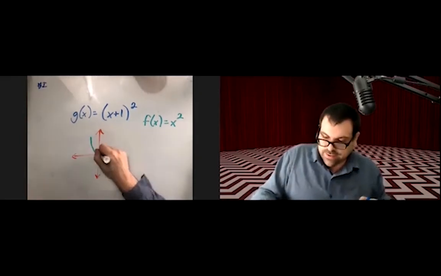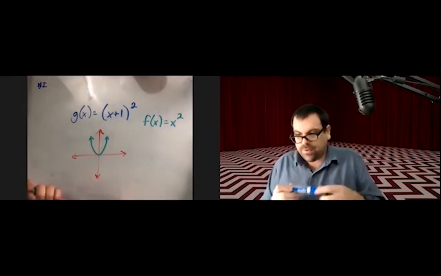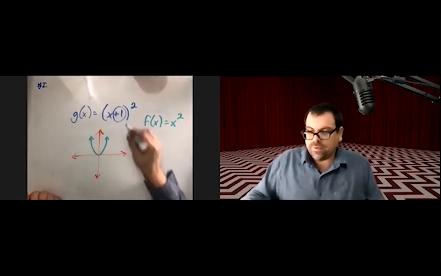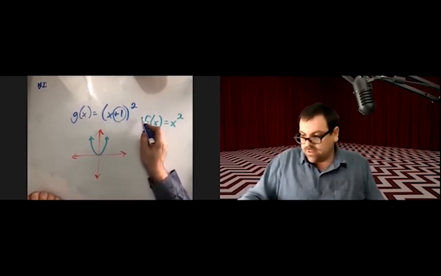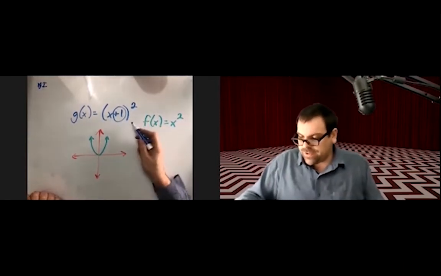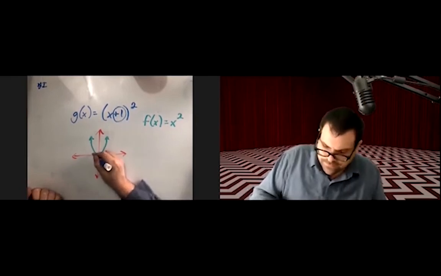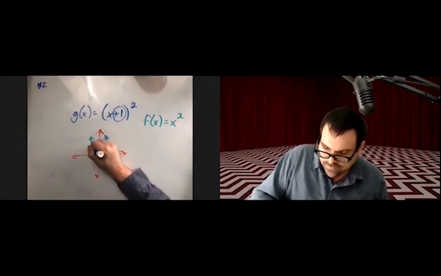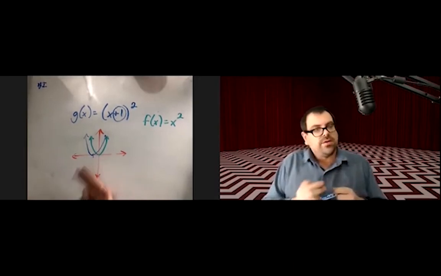That looks like this. Plus 1, when it's added to the x and not to the square, not to the whole function. Plus 1, that's going to move to the left one. So it's our normal quadratic moved left 1.